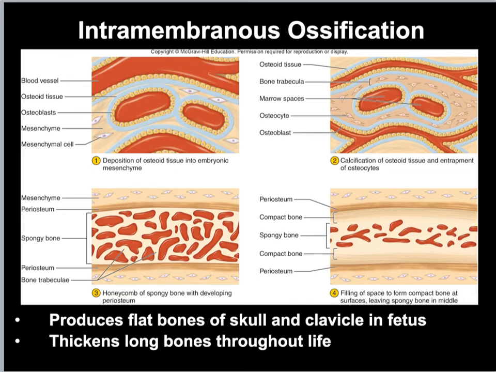So we have our developing fetus, and we have some blood vessels that have already been made. They've got blood flowing through them. And we have mesenchyme in between these blood vessels, and we have areas of osteoblasts. Remember, osteoblasts build bone, and specifically they lay down the organic portions of the extracellular matrix.